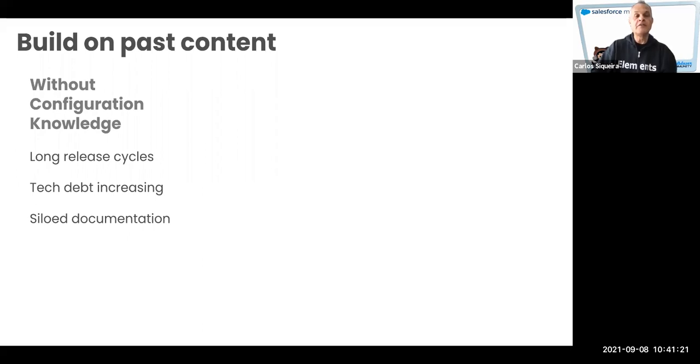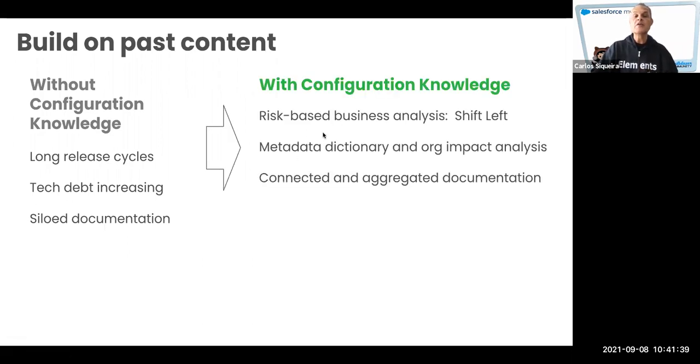Without configuration knowledge, what happens? You have long release cycles, tech debt increases, and you have siloed documentation. Things are pretty much isolated. Once you adopt configuration knowledge, what happens? Risk-based business analysis is the shift left I mentioned before. Early on, you detect risk, and you make sure that you have proper requirements so that you can expedite your development.